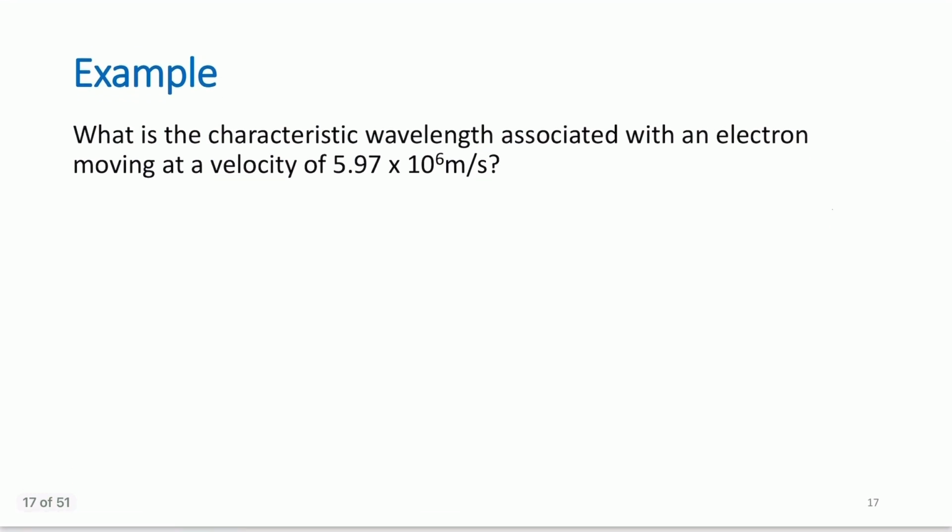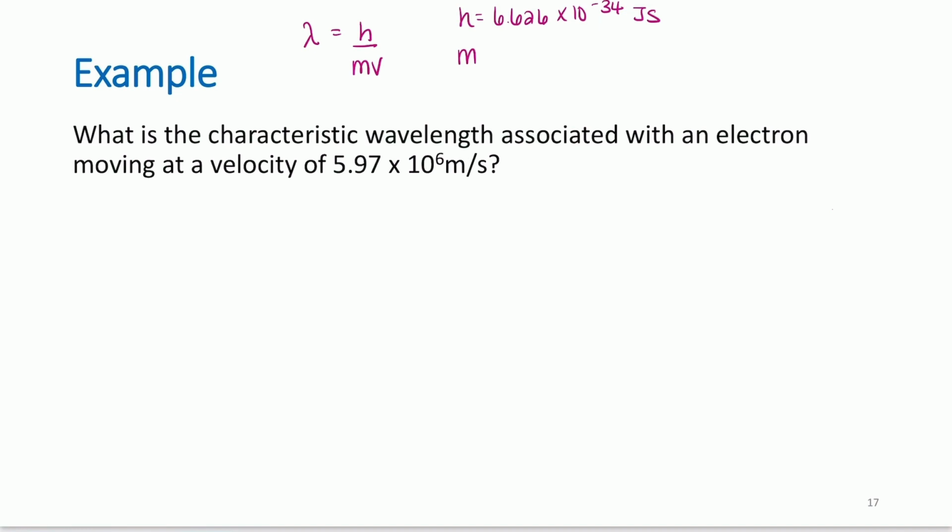So what is the characteristic wavelength associated with an electron moving at a velocity of 5.97 times 10 to the 6 meters per second? Well, let's see. We know lambda equals h over mv. We know h is Planck's constant, 6.626 times 10 to the minus 34 joule seconds. m is mass. Now, you do not have to have the mass of an electron memorized.